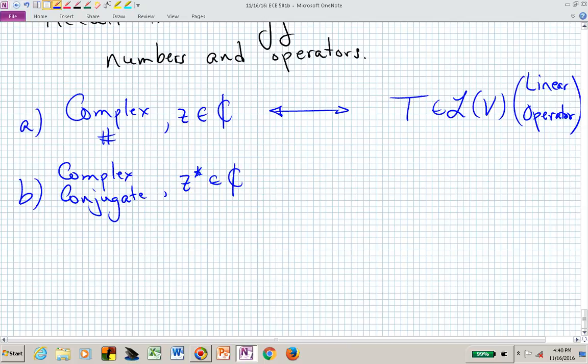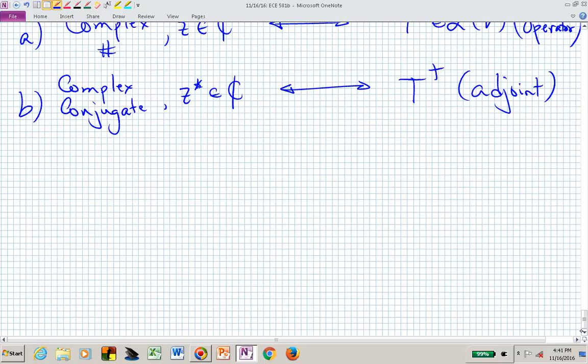If we have Z star, the complex conjugate, and the complex number was T, what do we have now that's analogous to the conjugate of Z? That was our adjoint, wasn't it? So now that's T dagger, the adjoint. And remember this relationship by maybe our inner products. We're able to slide things around that way.